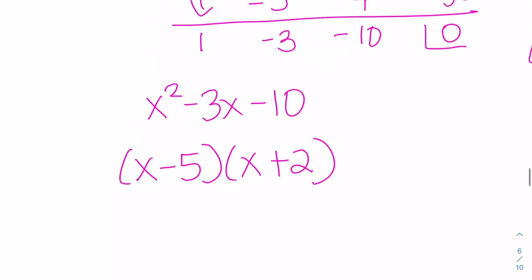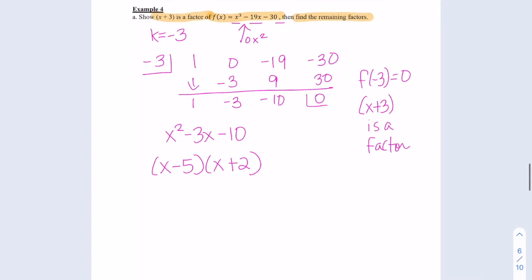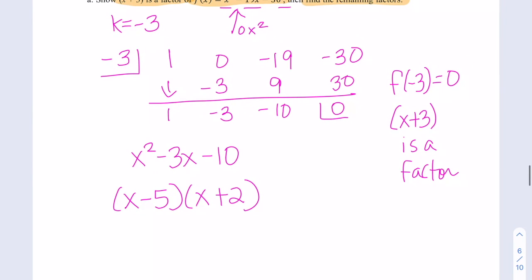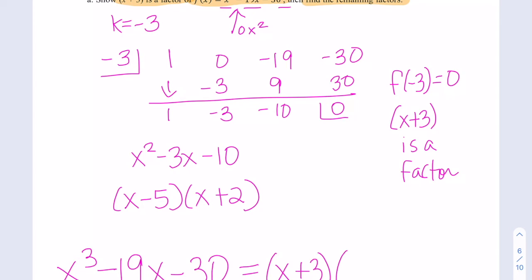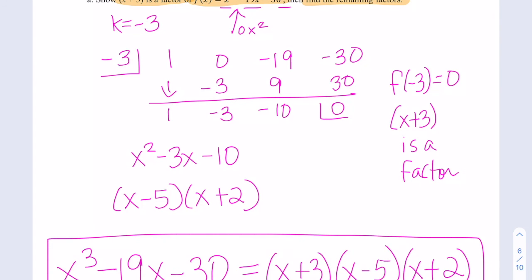So we can actually write all the factors for this polynomial. It was x cubed minus 19x minus 30, and that'll be x plus 3, x minus 5, and x plus 2. So those are all the factors of that polynomial.